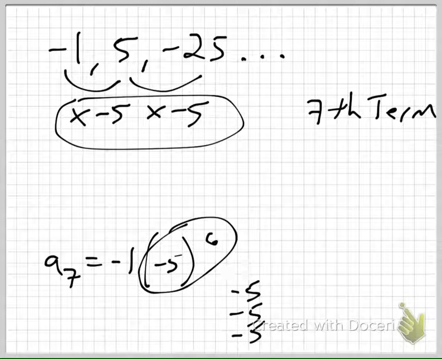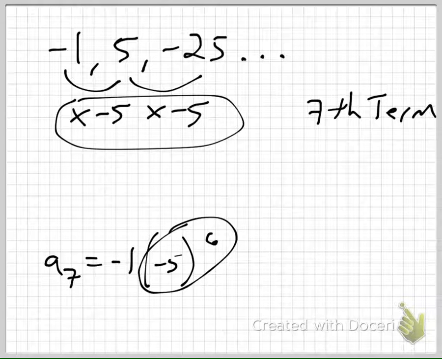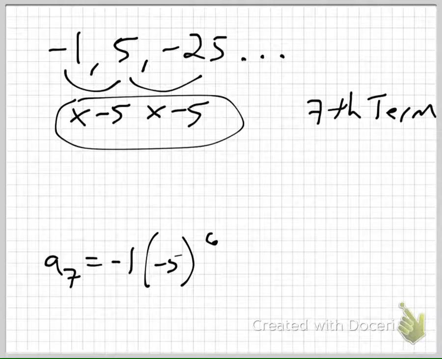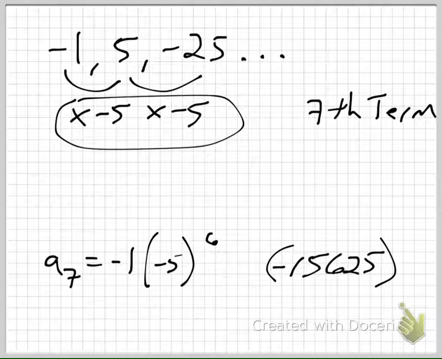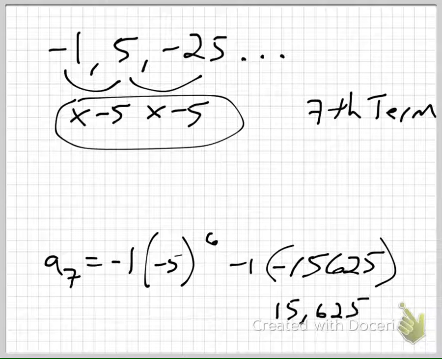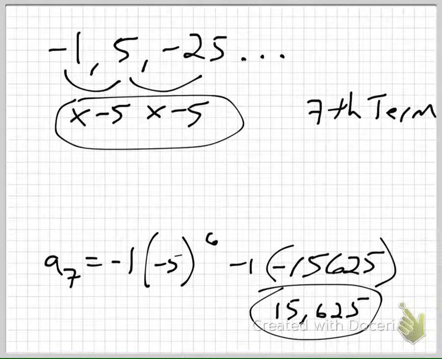You should learn how to use it. Do it on your calculator, though. It'll be way easier. What was the answer finally? Which is times negative 1. 15,625 is my answer. How many of you got that? Does it make sense?